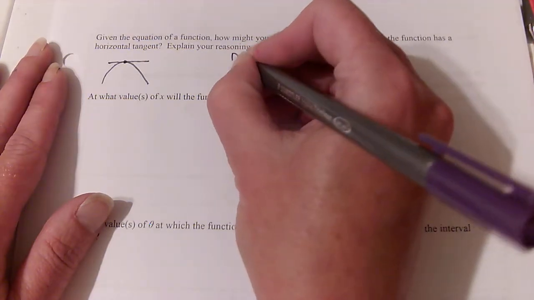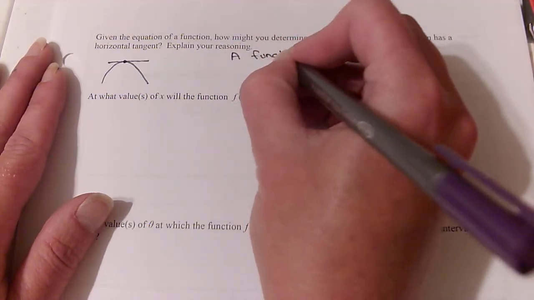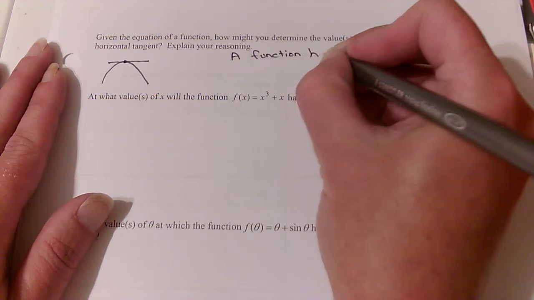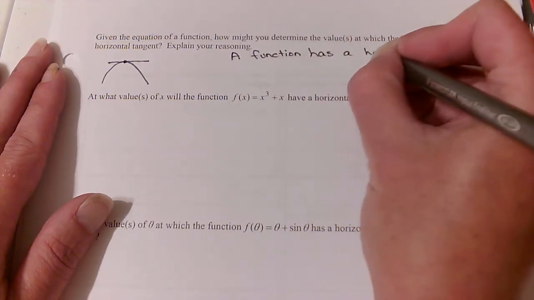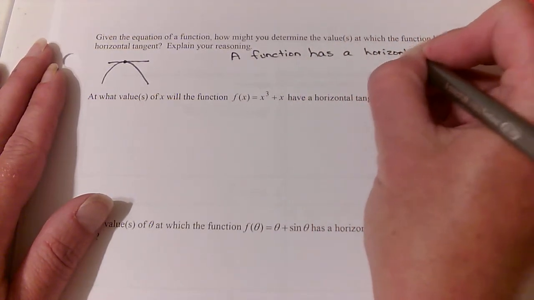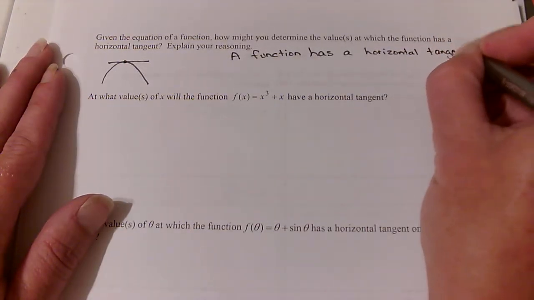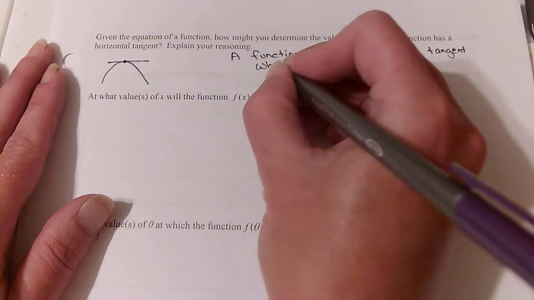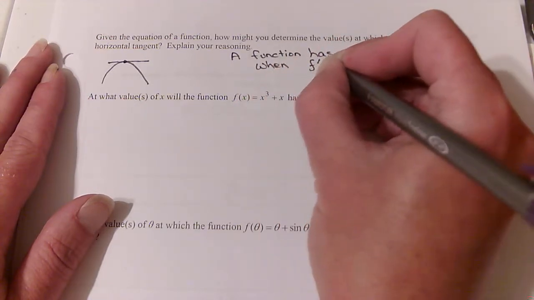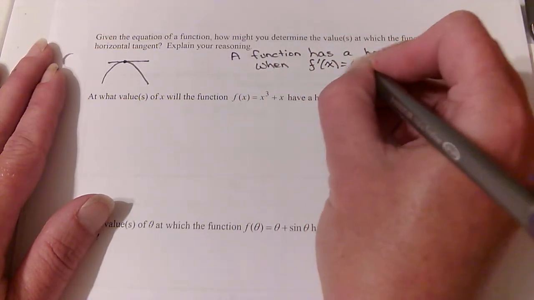So a function has a horizontal tangent when f prime is 0.